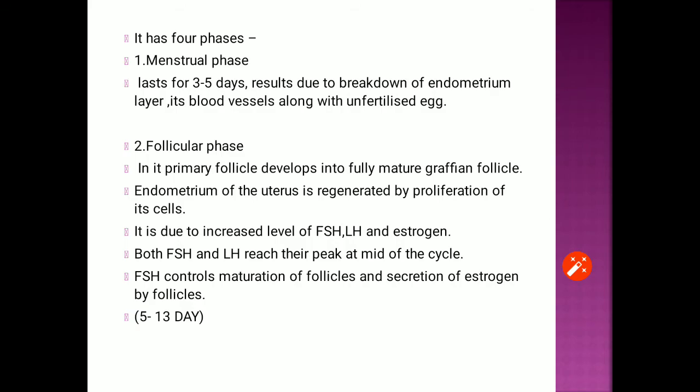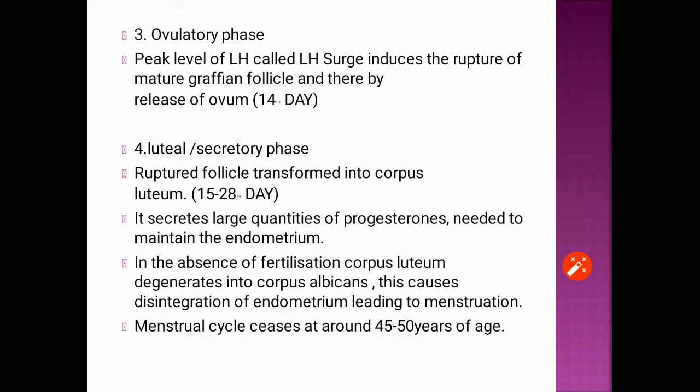Both FSH and LH reach their peak at the mid of the cycle. FSH controls maturation of follicles and secretion of estrogen by the follicles. It lasts for 5 to 13 days.